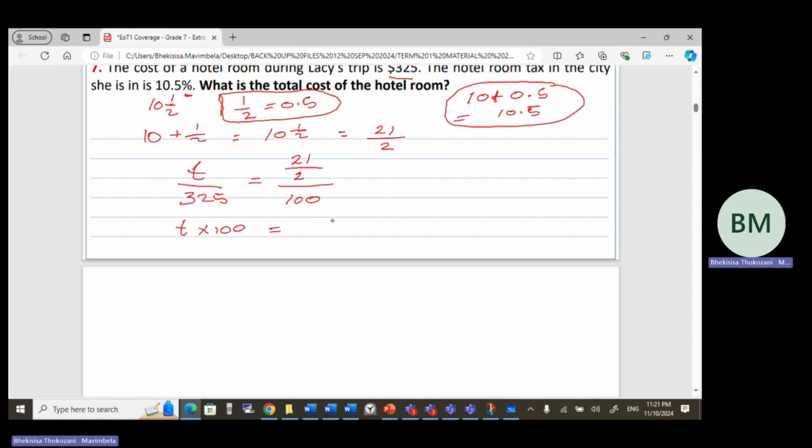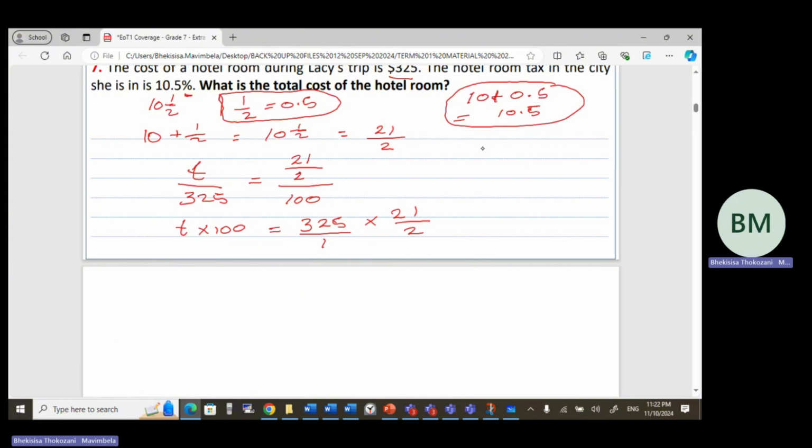And we have 325 multiplied by 21 over 2 divided by 1. Remember, I always try to make this a fraction, okay? Now let's see how far we can go with this.